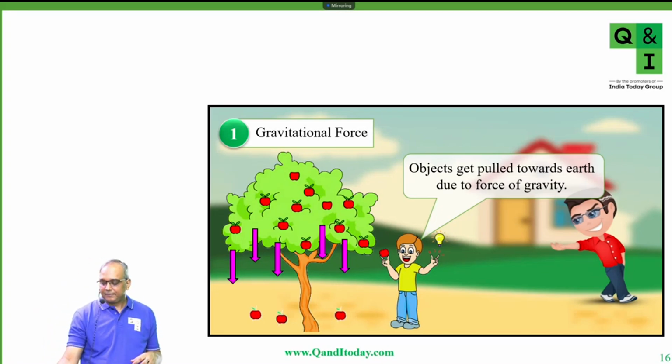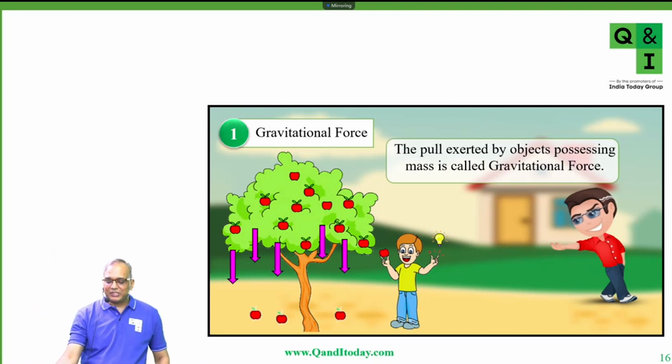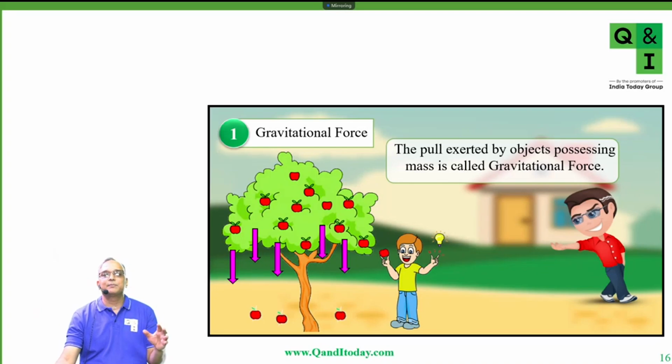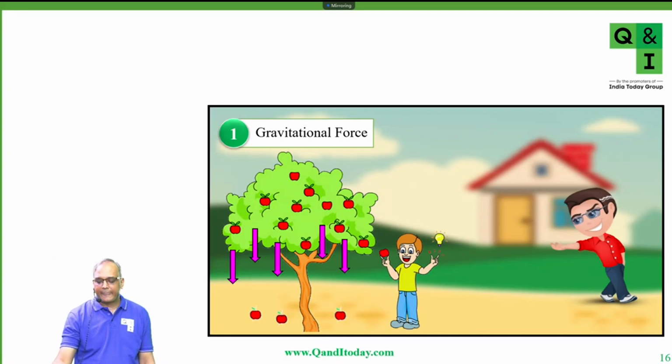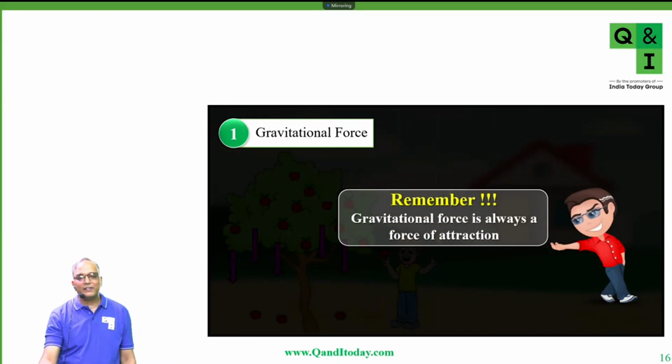Okay. Now let's move ahead. The pull exerted by objects possessing mass is called gravitational force. So any two objects pulling each other towards itself would be an example of gravitational force. Now remember, gravitational force is always a force of attraction. There will be no repulsion here.